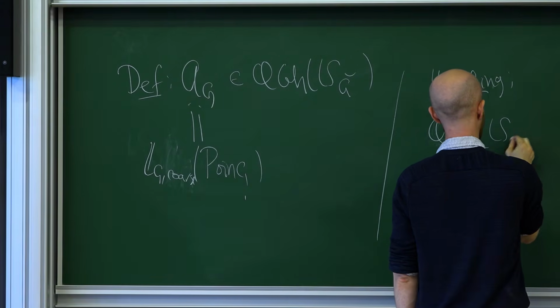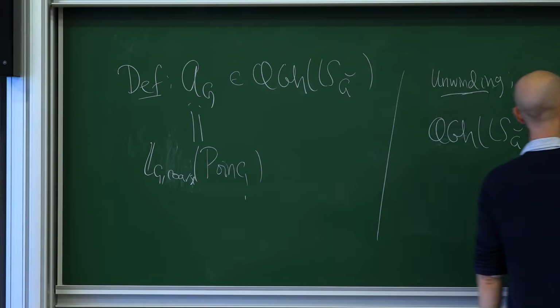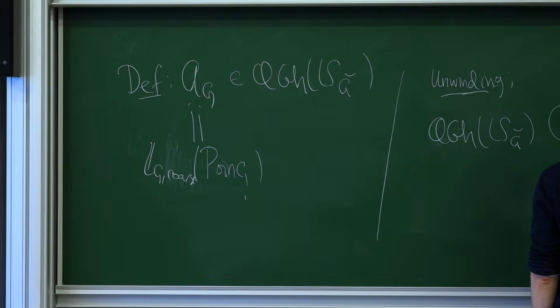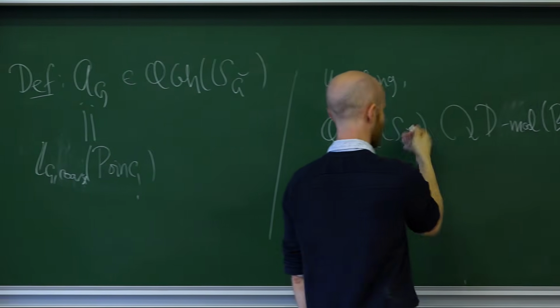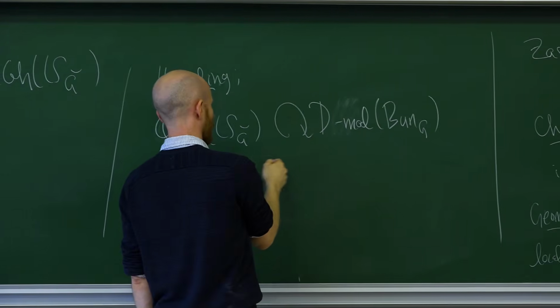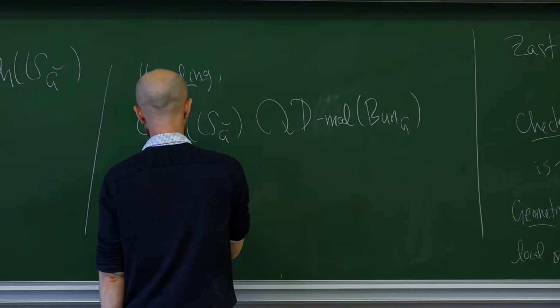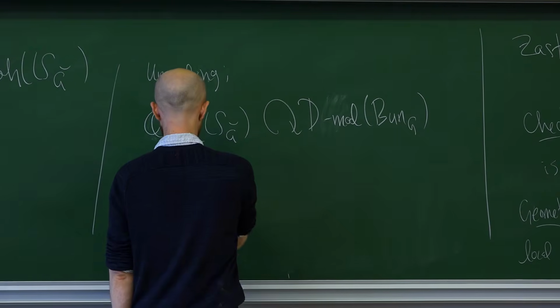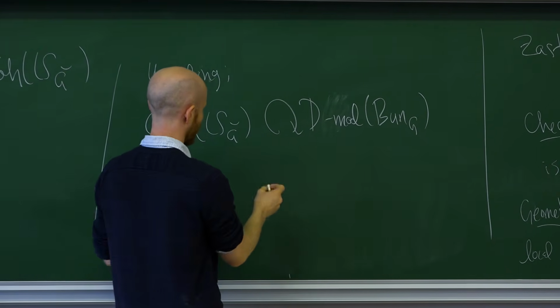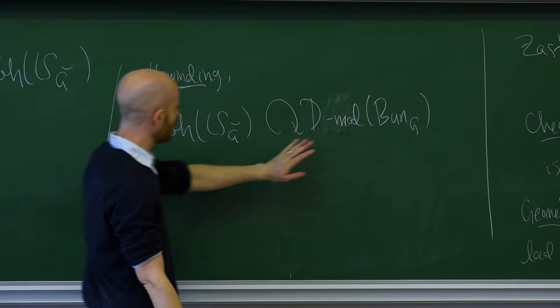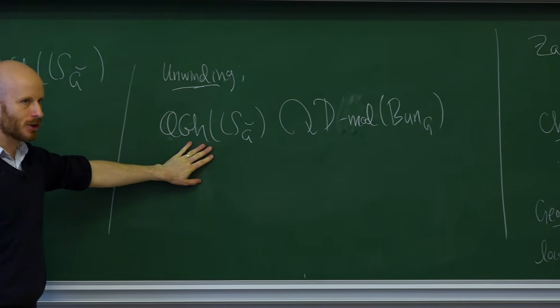This QCoh of LocSys_Ǧ is acting on this category of D-modules on G. Well, now I'm in the de Rham setting. In particular, that implies that D-modules on Bun_G is actually enriched over QCoh of LocSys_Ǧ.